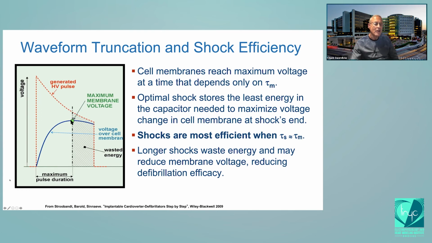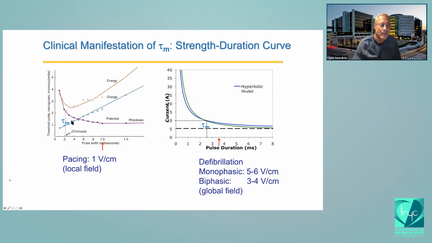Once you have made a change in the cell membrane, as much as the cell membrane can do, nothing else is going to happen, and you are at best just wasting energy. And so shocks are most efficient when the time constant of the shock approximates the time constant of the cell membrane.